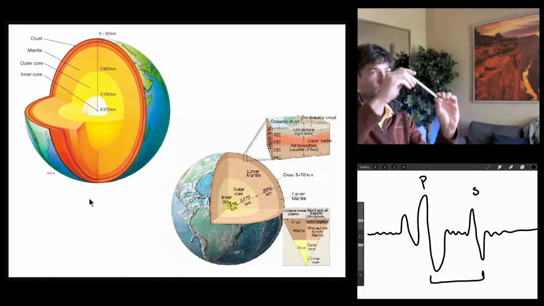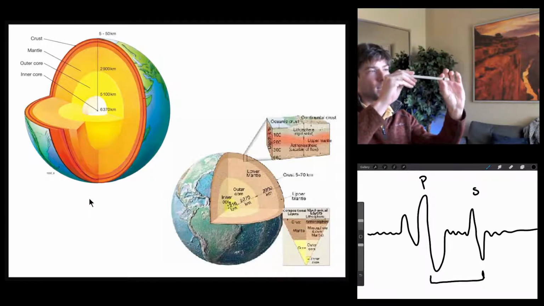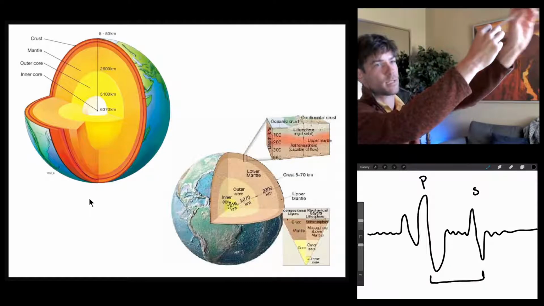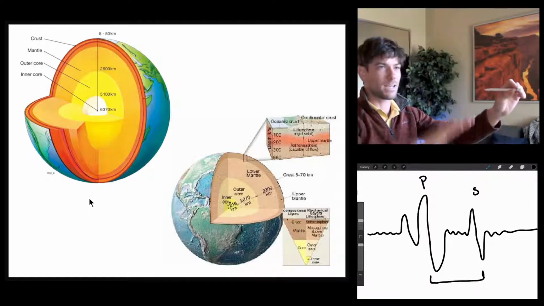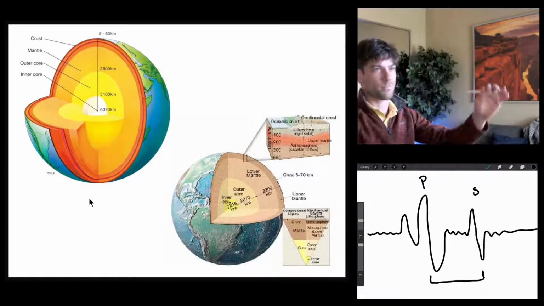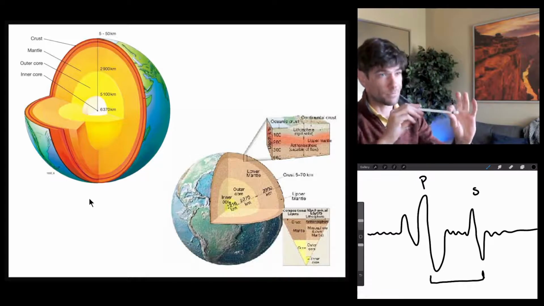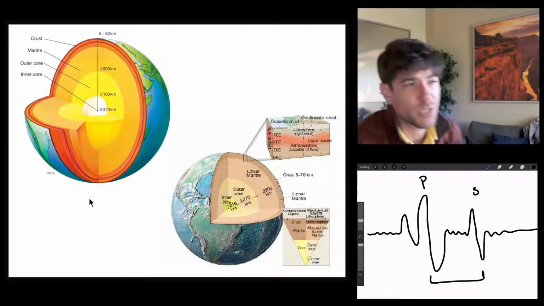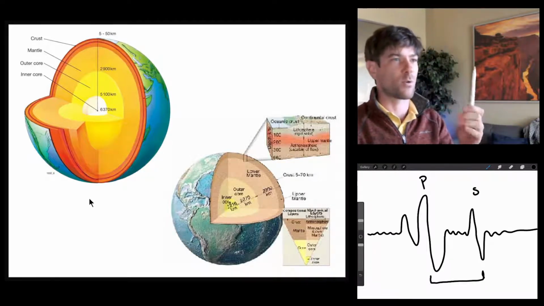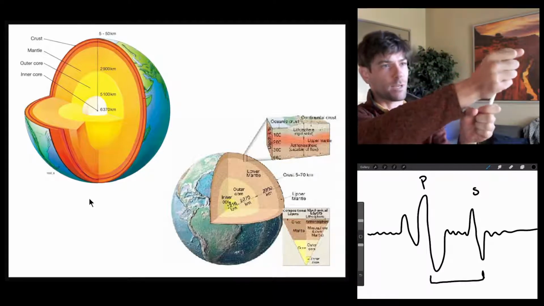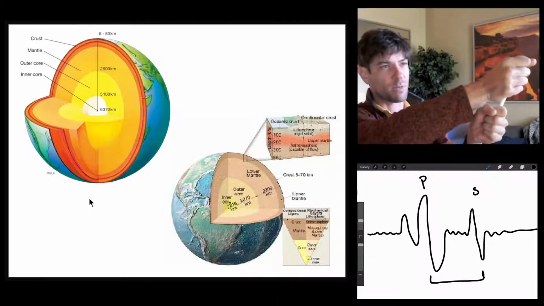I pull this up and it pulls this up, and then that pulls this up, and then elastic forces bring it back down. It's shearing. Shear force is a type of force where things are pushing and pulling at the same time on different parts of the material.